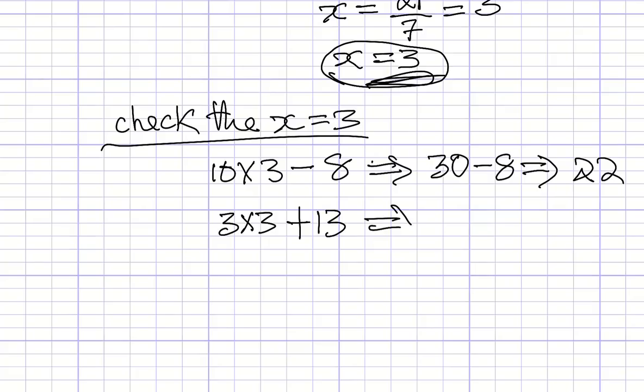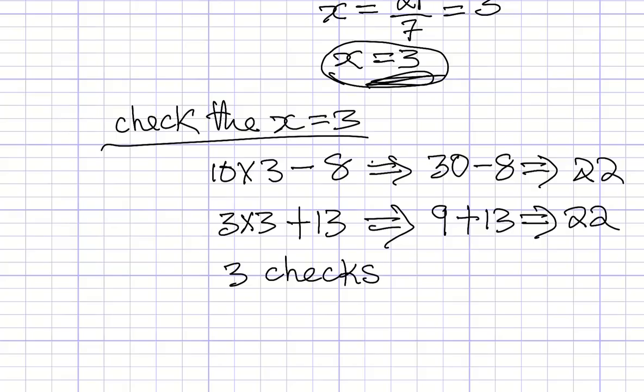So what does that give you? It gives you 9 plus 13. What do you get there? You get 22, right? Yeah, you get 22. You see, it checks out. So 3 checks out, so we're correct.